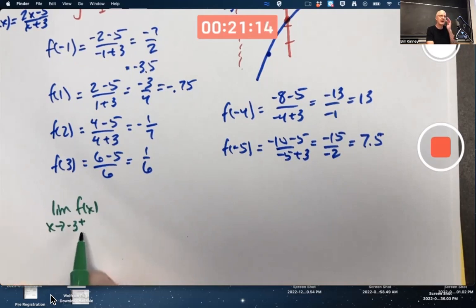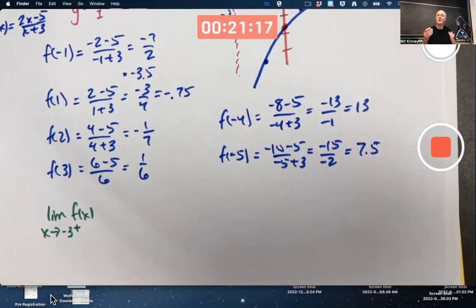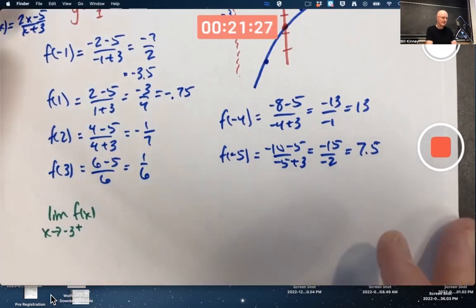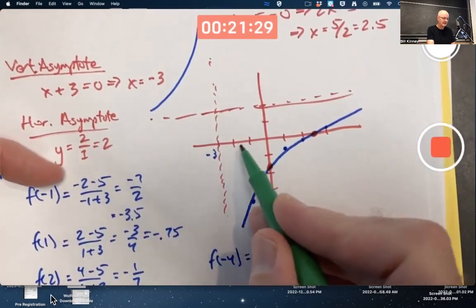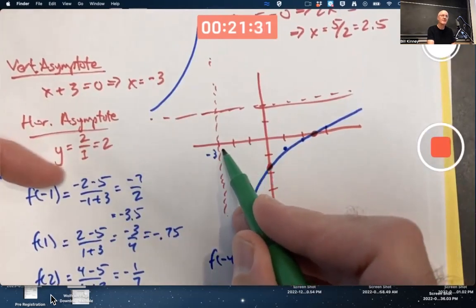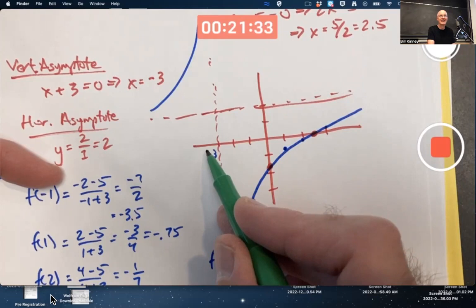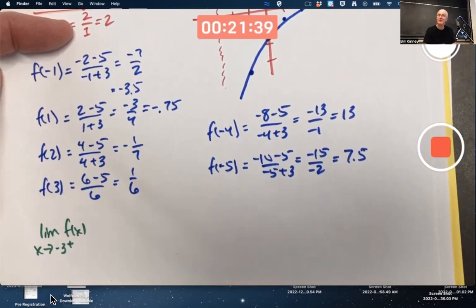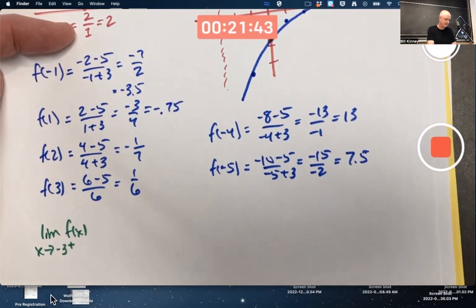The plus sign to the right of it means I'm letting x approach it from the right, like getting close to -3 right in here, like -2, -2.5, -2.99, -2.999. I'm letting x get closer and closer to -3 from the right, but not equal to -3, because the function would be undefined there.